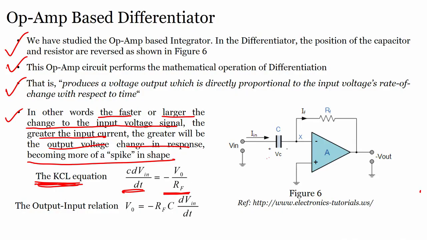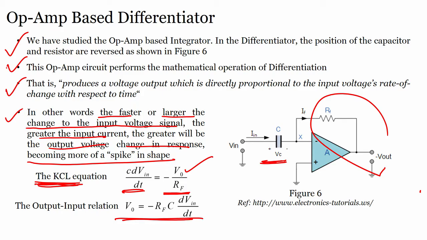Alright. So, if you understand Kirchhoff current law and Kirchhoff voltage law, now let us see that if we have this circuit, then we can write C into dVin by dt equals nothing but minus VO by RF. So, the output voltage, which I want to calculate, VO, is nothing but RF will go here, minus RF into C into dVin by dt.